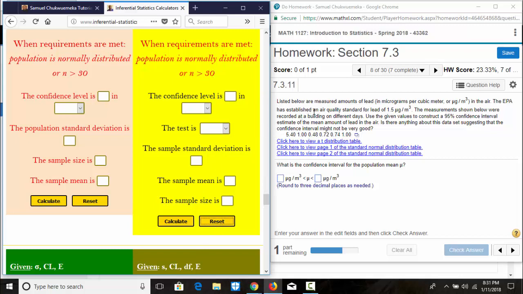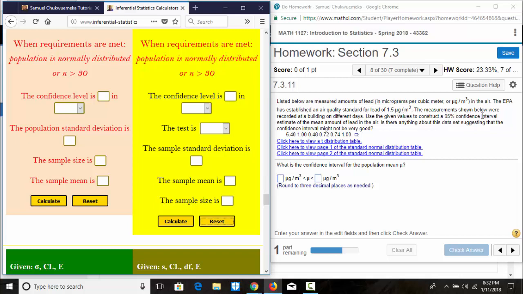Listed below are measured amounts of lead in micrograms per cubic meter in the air. The EPA has established an air quality standard for lead of 1.5 micrograms per cubic meter.